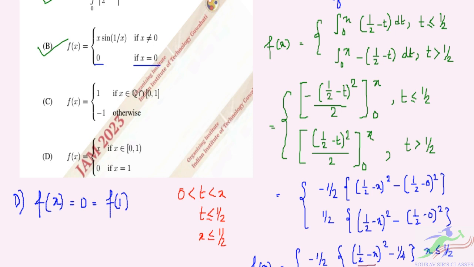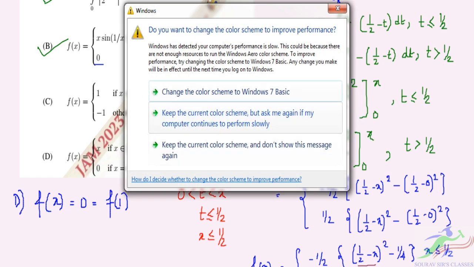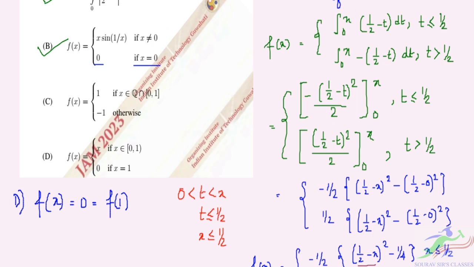Next we have x belongs to this, a half-open interval. It doesn't include 0, but it includes 1. And the value at x equal to 1 is 0. Okay. So what is given is that in the interval where x belongs to this set (0, 1], f(x) is equal to x.